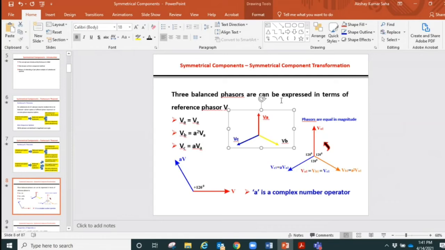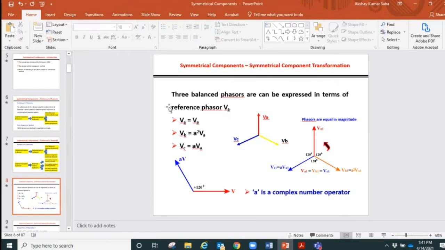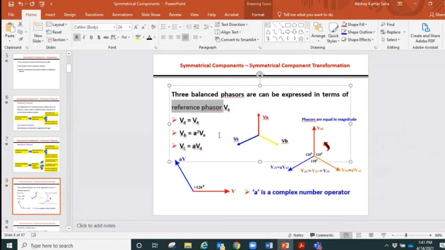Now, when we do the analysis of symmetrical components, we choose a reference phasor, and the reference phasor is VA, meaning the other two voltages, VB and VC, will be represented in terms of this reference phasor VA.